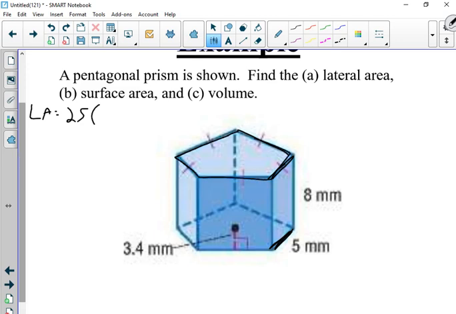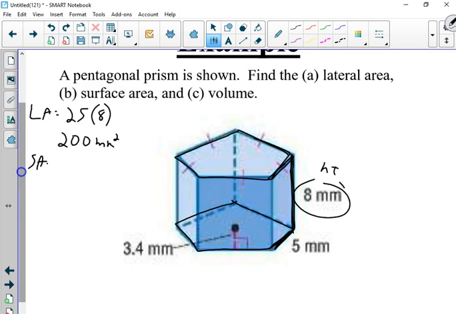So here's one pentagon, here's another pentagon. The distance between them is right here, 8. That's my height. So if you have 4 quarters is $1, 8 quarters is $2, so that's 200 square millimeters. That's your lateral area.